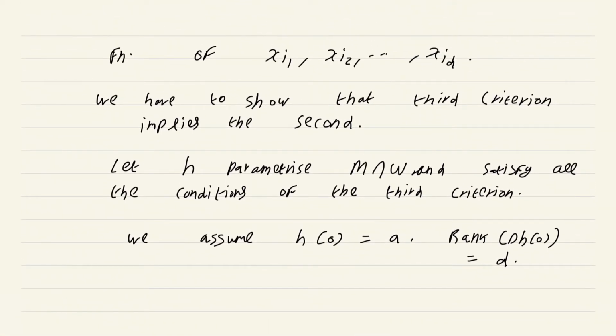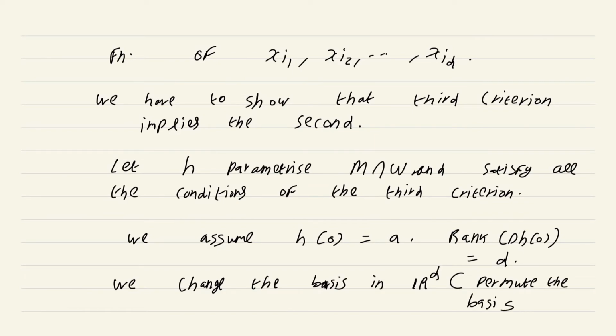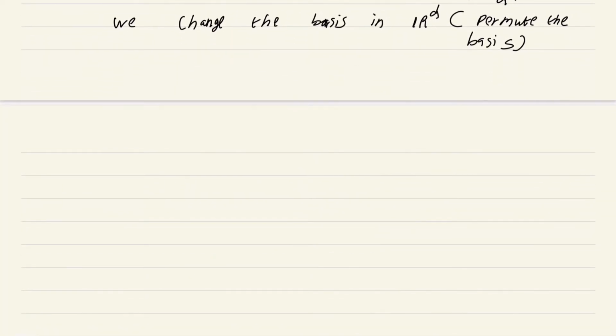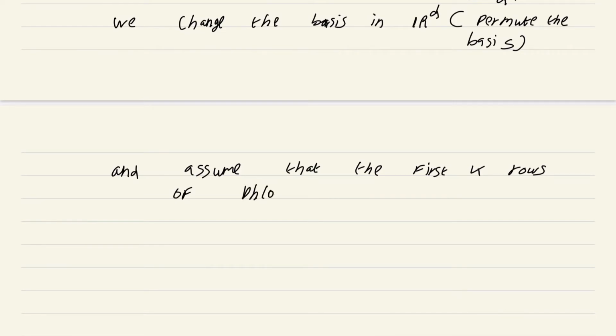So what we do is we change the basis. Essentially, this is just going to be a permutation. We change the basis in R^n, so this is just a permutation. We permute the basis and assume that the first k rows of DH0 are linearly independent.